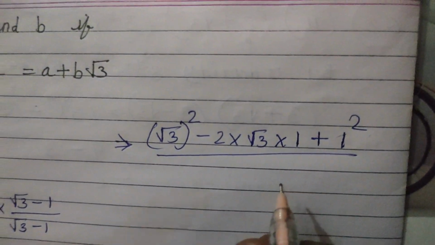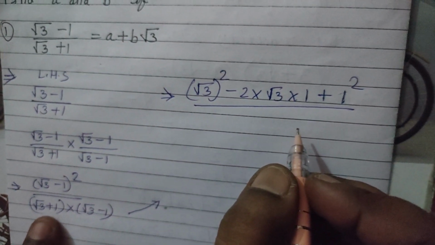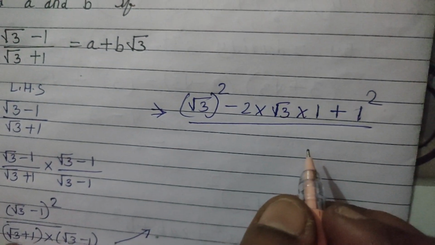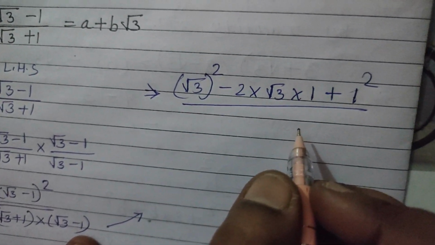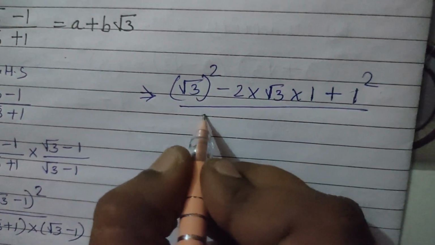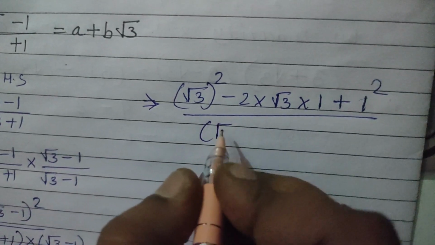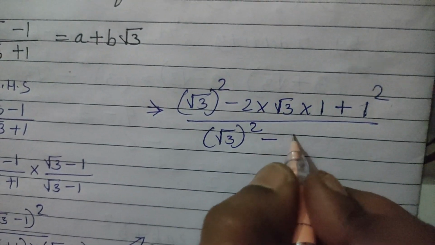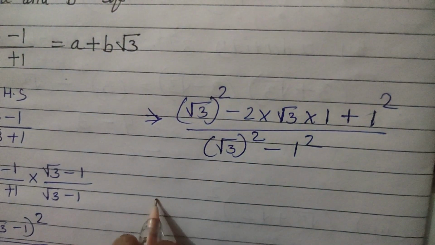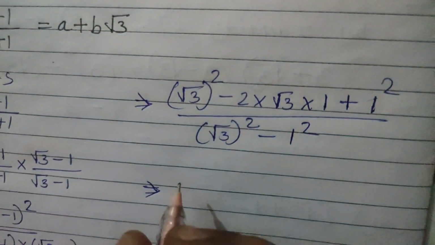In the denominator, we take root 3 as a and 1 as b, so a plus b into a minus b, the third identity, which is a square minus b square, so root 3 square minus 1 square.